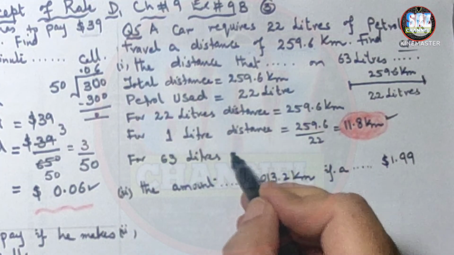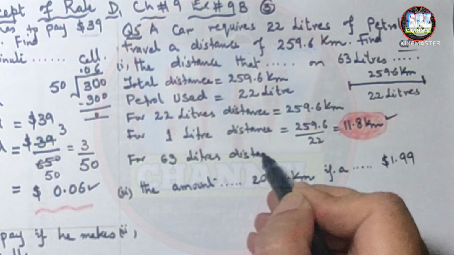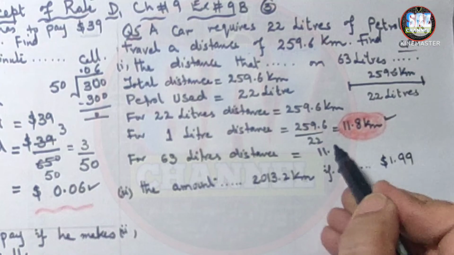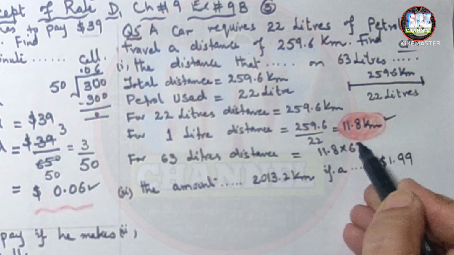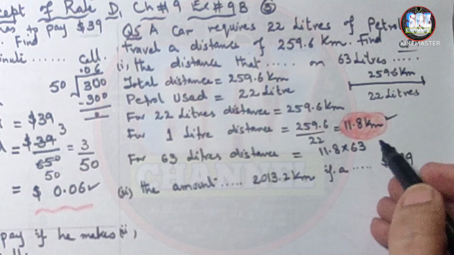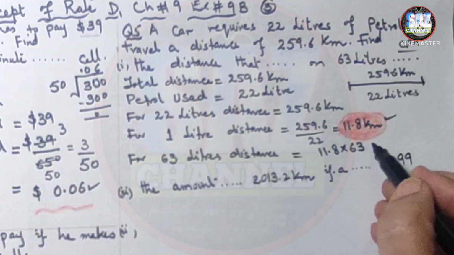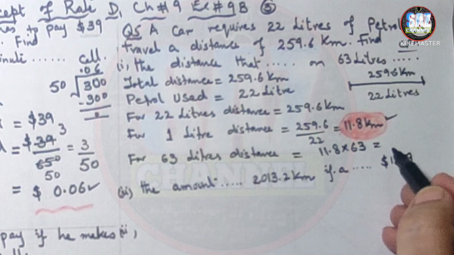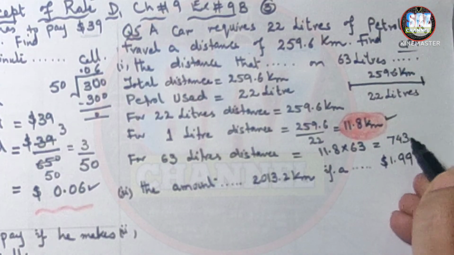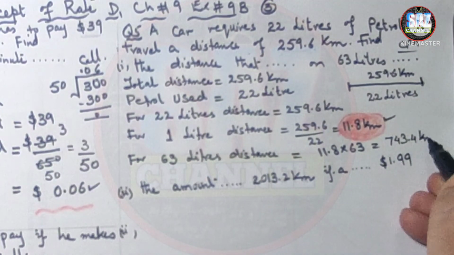distance covered is, here we have the rate with us, 11.8 multiplied by 63. So 11.8 multiplied by 63 gives me 743.4 kilometers.